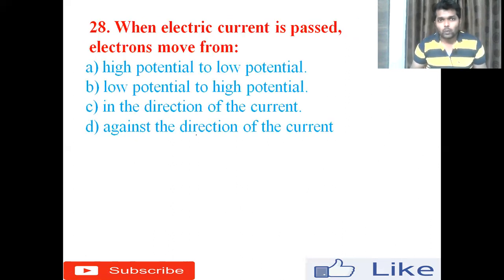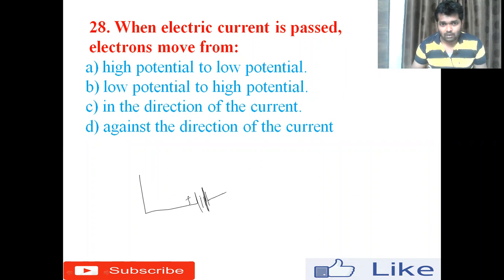28th one. When electric current is passed, electrons move from. Okay, very important question, and most of the students get confused in this question, as I've seen in many students. So let me draw the electric circuit. This is the battery connection here, right? The positive terminal and negative terminal.